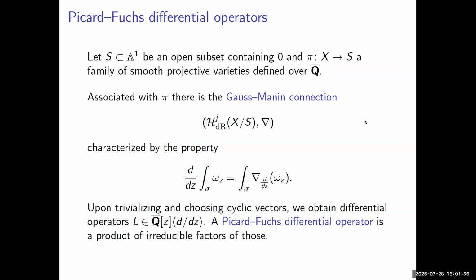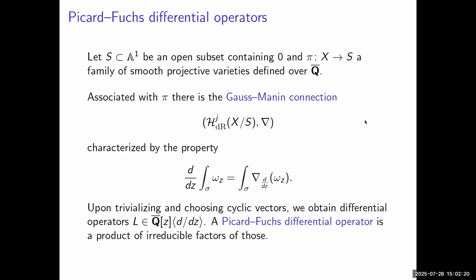And you also have the local system given by singular homology of the fibers. If you choose the open small enough, it is constant, so you can take a homology class in this constant local system. It will be the same in all fibers, so this does not depend on z.